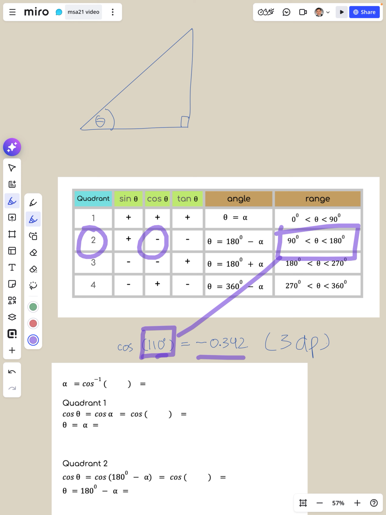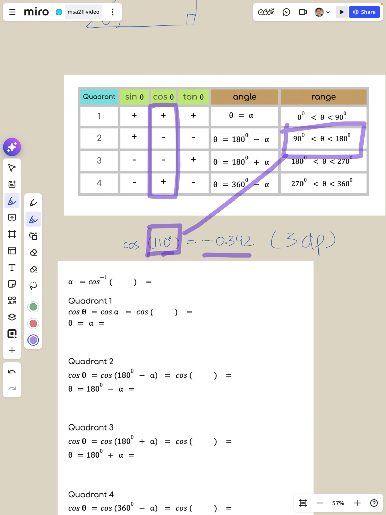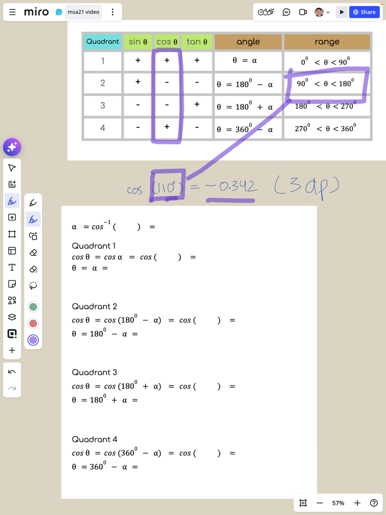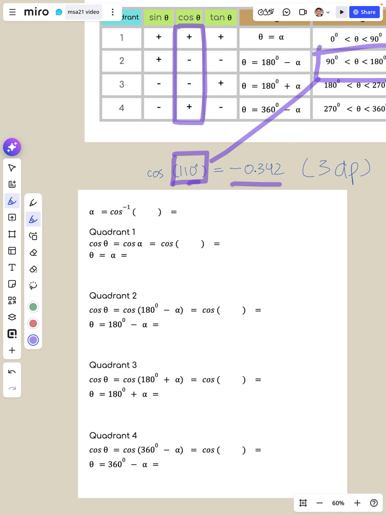And the first thing that we do, since the question asks for the other 4 angles, is apply the positive or negative sign for each quadrant. I already made a pattern for you. We just need to fill in the blanks here.